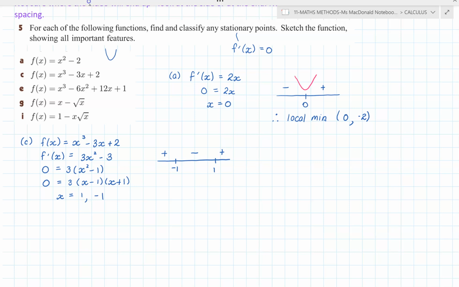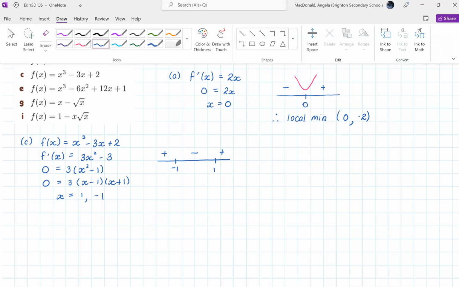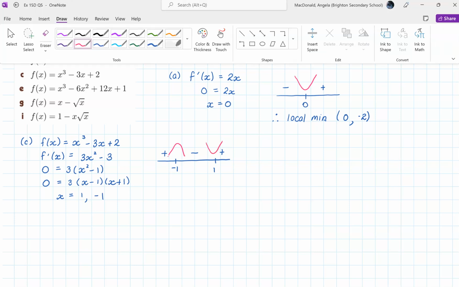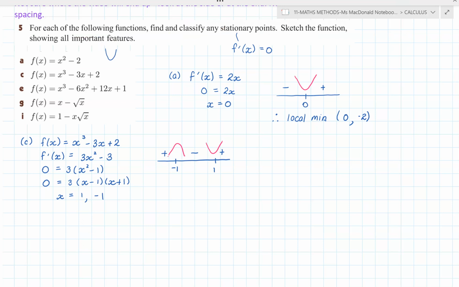Okay, so what this means now is we have increasing and then decreasing, and then decreasing and then increasing. So we have a local max at minus 1 something, and we have a local min at 1 something. So how do we get the y value?